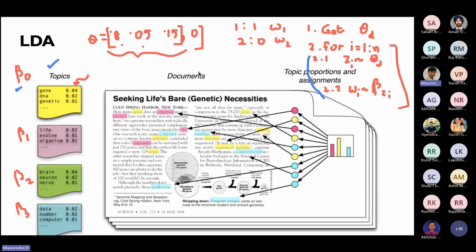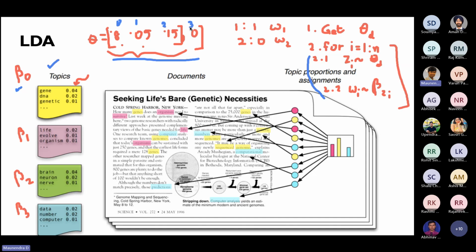Now, theta is this one, and we are generating one topic from here. What kind of distribution are we talking about? We have n different choices and we are picking one of them. Binomial?